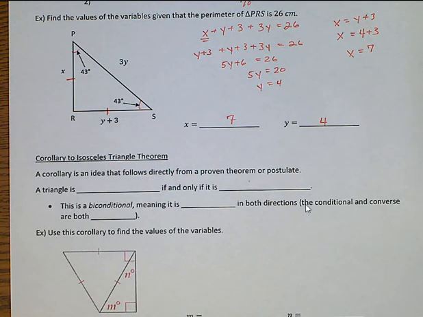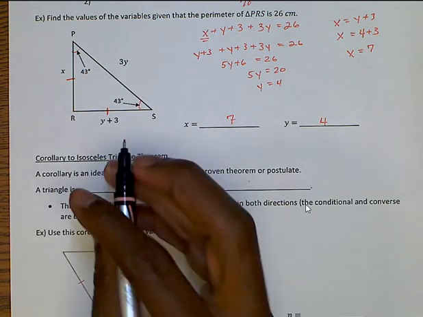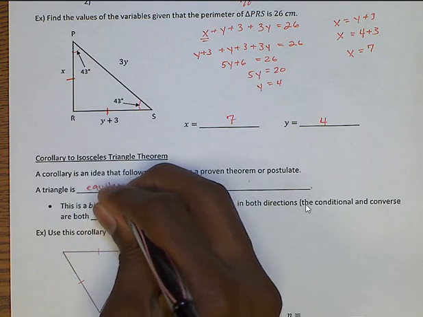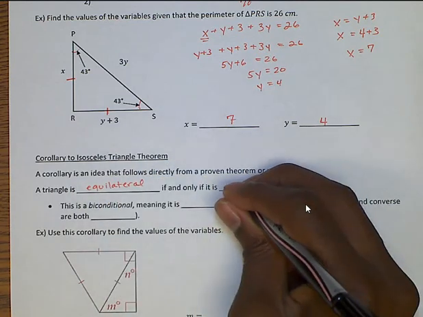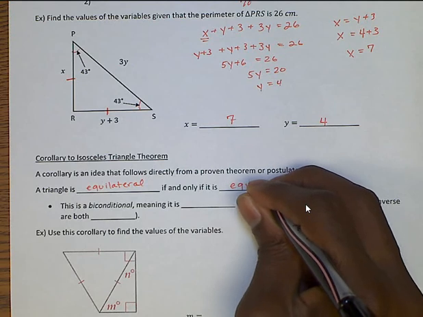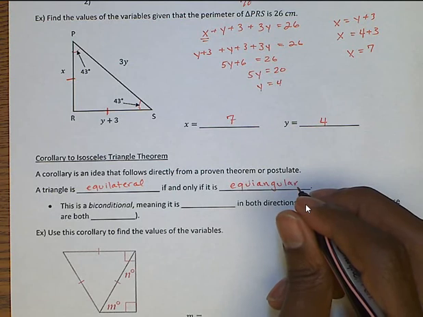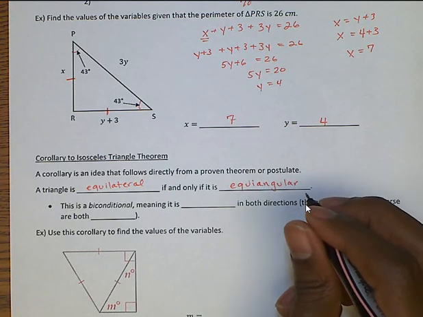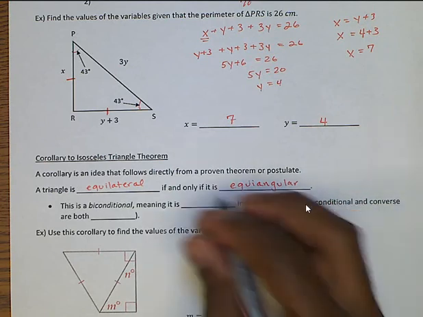Okay. So a triangle is equilateral if and only if it is equiangular. Okay, this is a biconditional, meaning it is true in both directions.